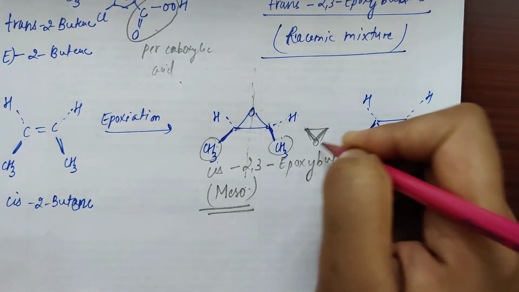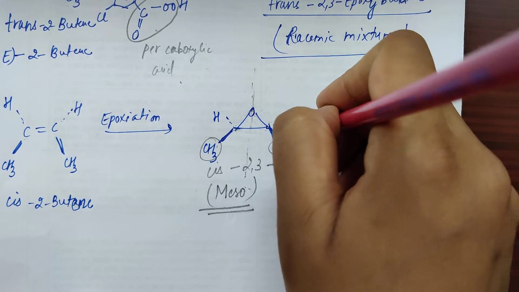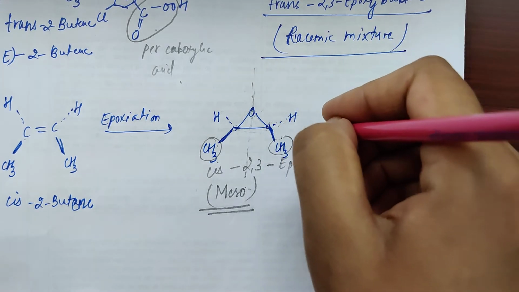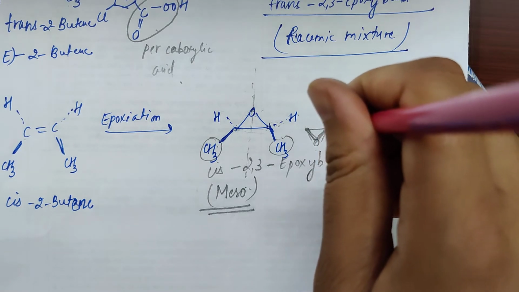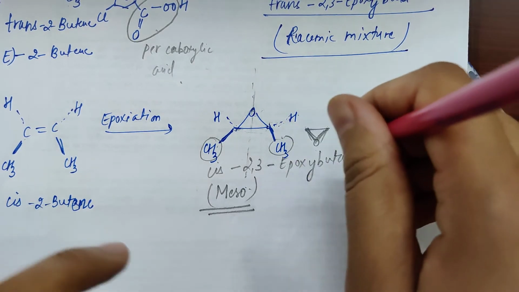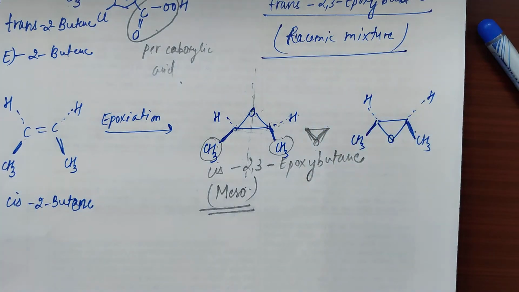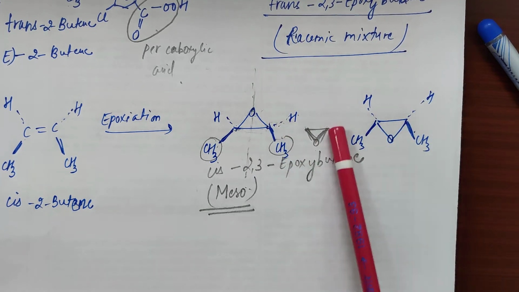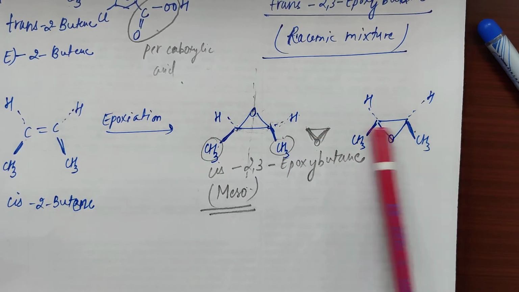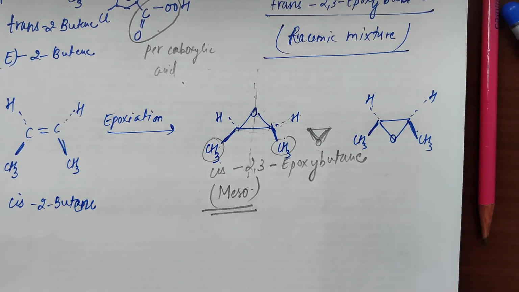The methyl groups which were earlier pointing above the plane will go below the plane, and the hydrogens will come above the plane. So that kind of structure will be obtained. And if you see, it's nothing but the same. These two are the same, so it's a meso compound.